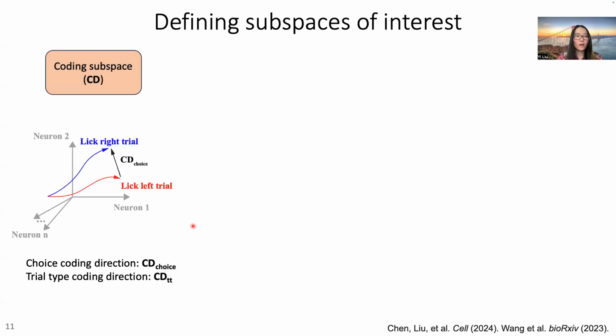For example, the choice coding subspace is calculated as the difference between the mean activity in lick right trials and lick left trials. And the trial type coding subspace is similarly calculated, but this time the trials were grouped according to their trial type instead of choice.